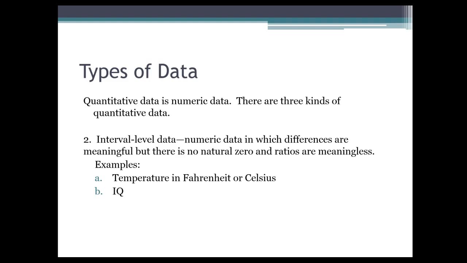With these, there is a value of 0, but it doesn't represent nothing of something. Okay, so a temperature of 0 degrees Fahrenheit doesn't mean that there's no temperature. That's just where they decided to put the 0. If you're astute, you might be thinking, well, why didn't they say Kelvin? Kelvin actually has a natural zero, but don't worry about that.